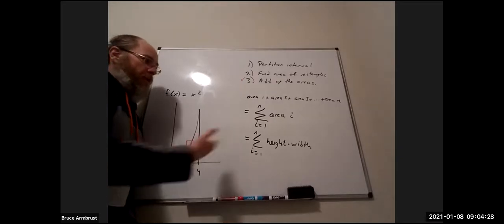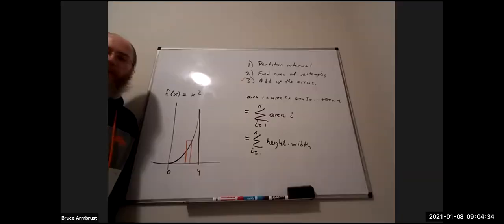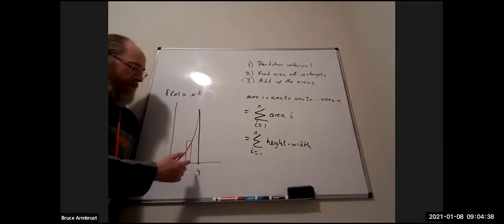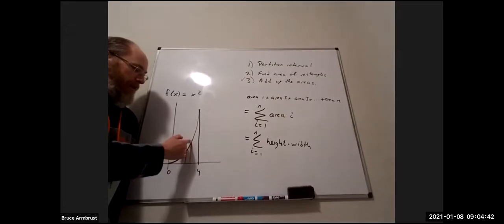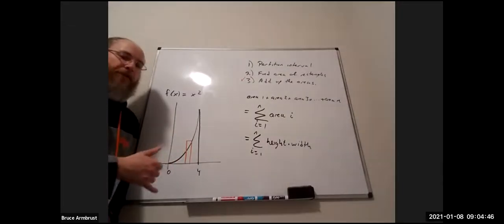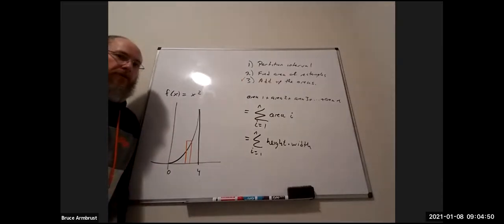The way that we got the height of this rectangle was by plugging in a number. Hopefully you remember that; that was the whole left endpoint, right endpoint. You plug in some number into the function, and it gives you a height for that rectangle, which gives us a rectangle that approximates the actual area.